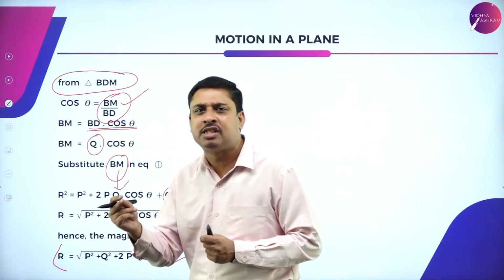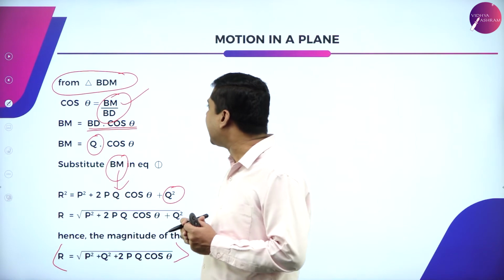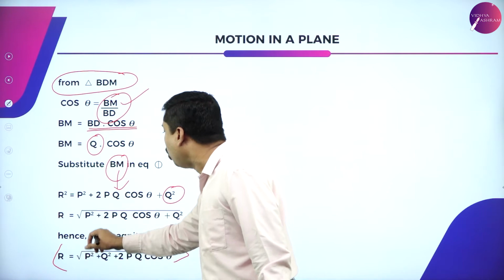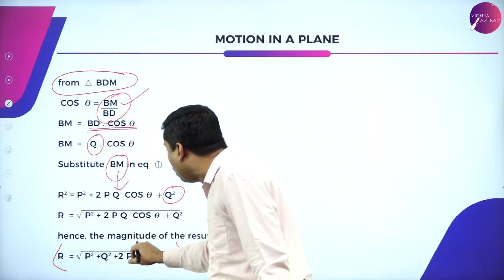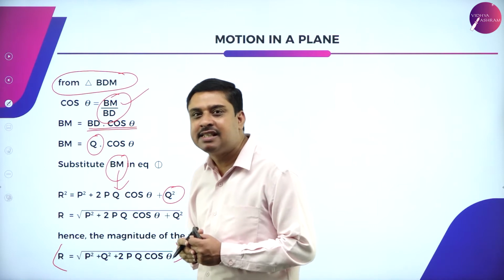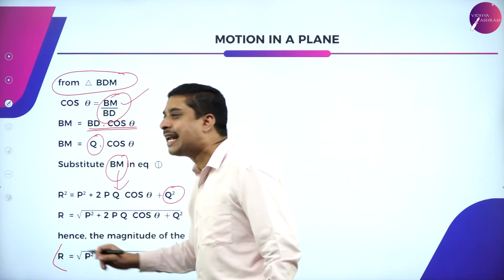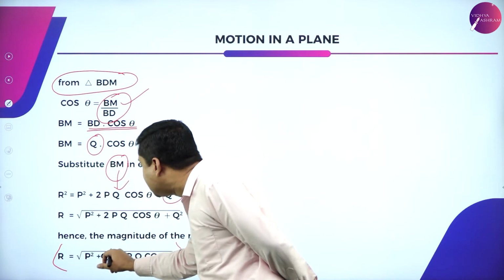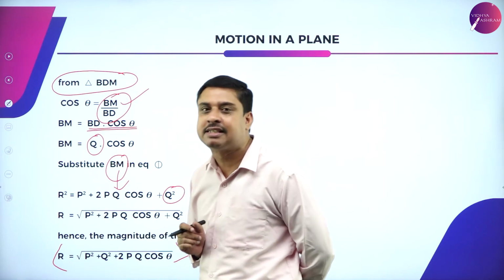Wherever two forces act at a common point, their resultant is always R equals root P square plus Q square plus 2PQ cos theta. If you consider the two forces as F1 and F2, then the resultant of them will be root F1 square plus F2 square plus 2 F1 F2 cos theta.